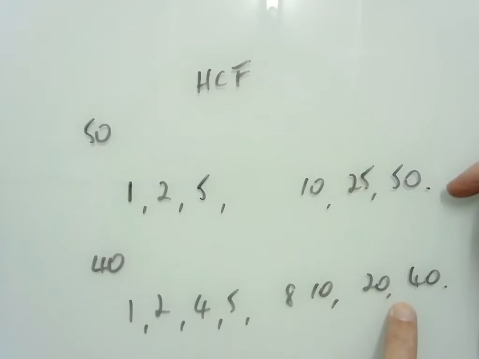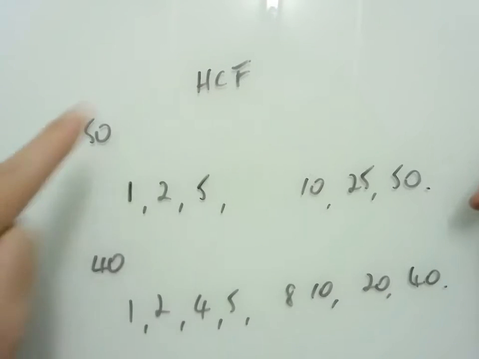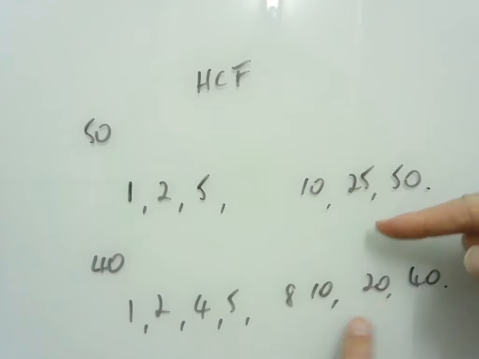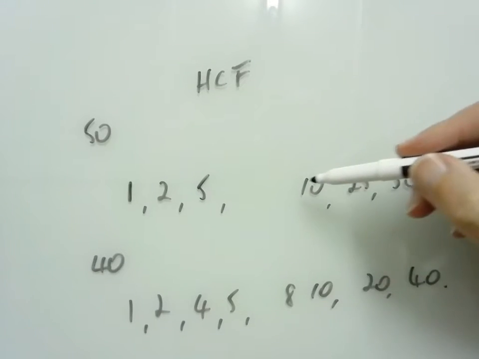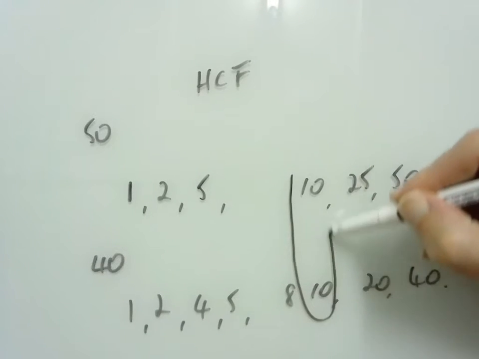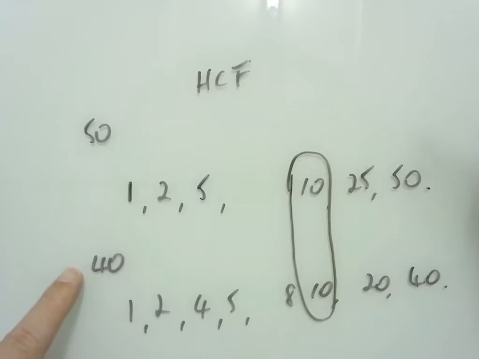So what's the highest common factor of 40 and 50? We're looking for the biggest number that's in both lists. So the highest common factor of 40 and 50 is 10. So long as you know how to list the factors, pretty easy.